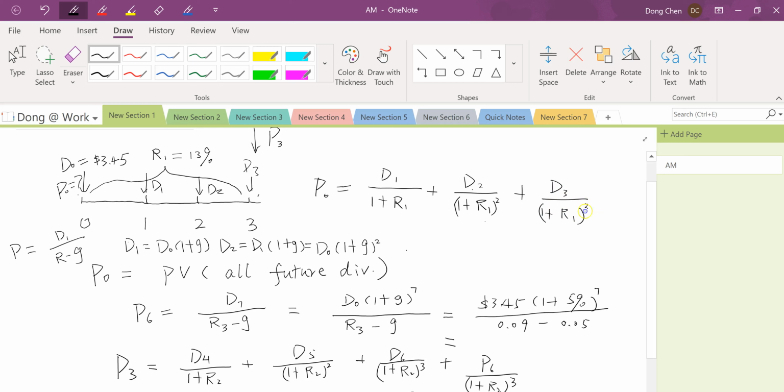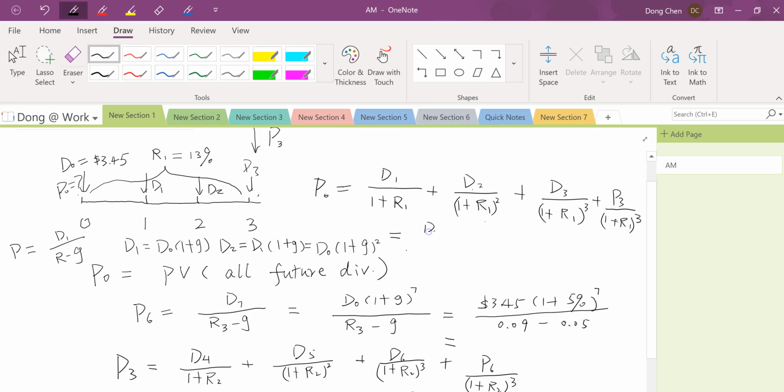Finally, don't forget we still have this P3. Actually, all we have done so far is trying to figure out this P3, because P3 summarizes all future information, so we can take advantage of that. Divided by 1 plus the discount rate, raised to the power of 3. So when we summarize, we can do similar calculations. This recording is a bit long, so bear with me.